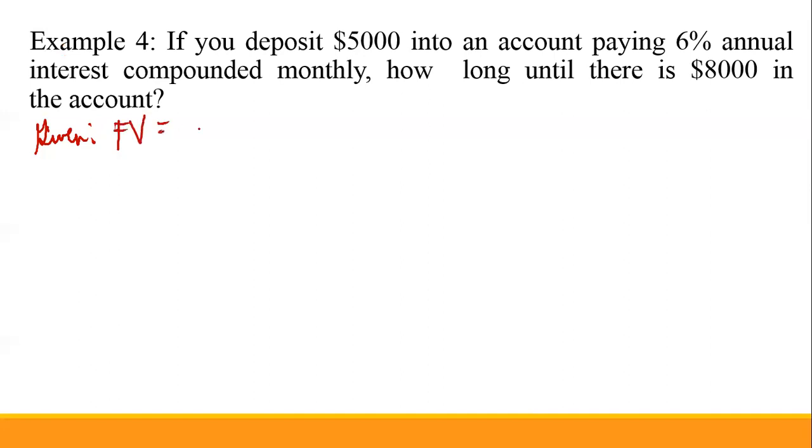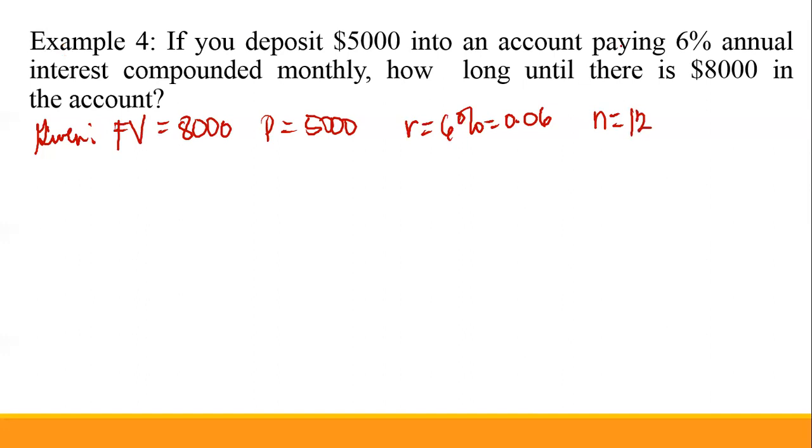So, we have the future value of 8,000 and the principal is 5,000. We have the annual interest rate of 6%, or 0.06. And we have the number of times compounded per year, which is, since it is monthly, 12 times.